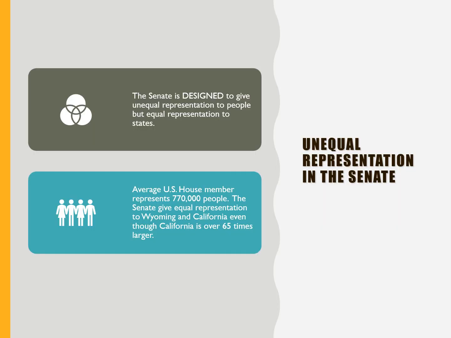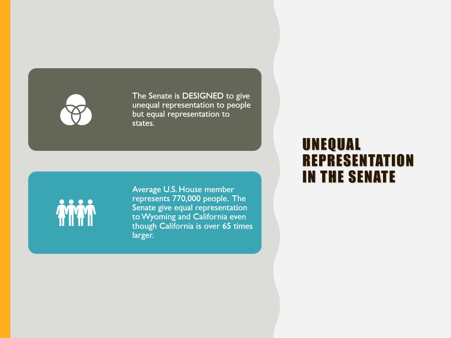Unlike the U.S. House, the U.S. Senate is designed to give each state equal representation, even as this does not ensure one person, one vote in the Senate. The U.S. House was designed to provide as close as possible that every district would be the same across the country.